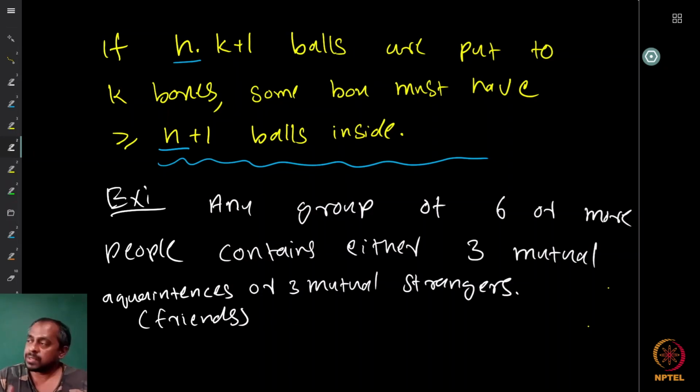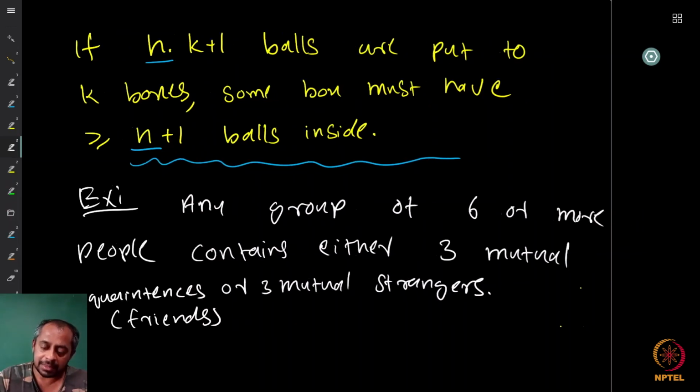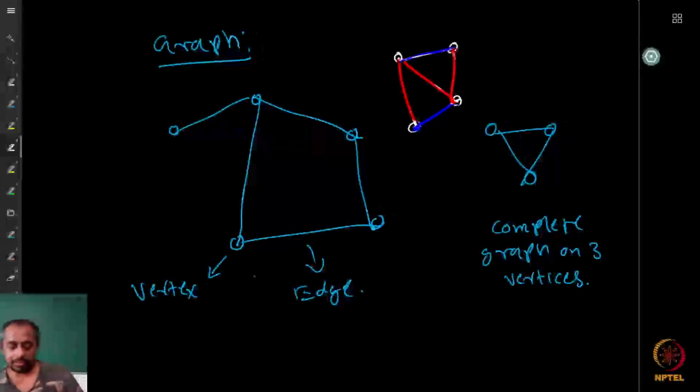Now, of course, we can use set theory to do this, but let us introduce a new concept just for proving this. This is the concept of graphs. What is a graph? You have a base set called the set of vertices, which we denote as points or dots on the plane.